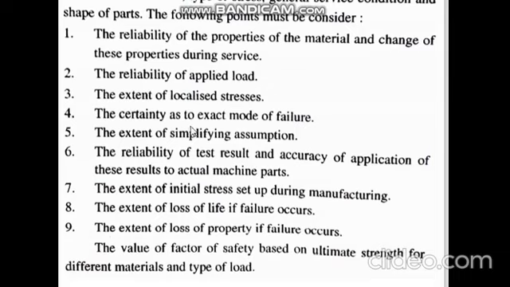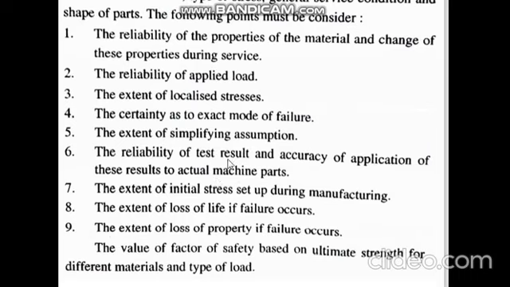Then certainty of the exact mode of failure, how it fails. If you are not certain, if you do not have full knowledge about the material, then you have to use a larger factor of safety. The extent of simplifying assumptions: in most cases we simplify the formulae, so that also matters. The reliability of test results and accuracy of application of these results to actual machine parts.